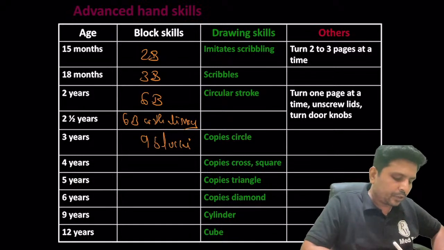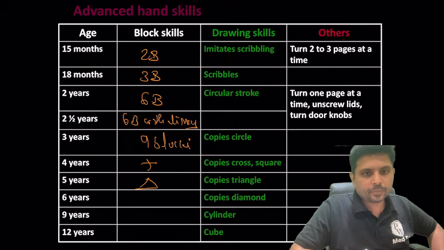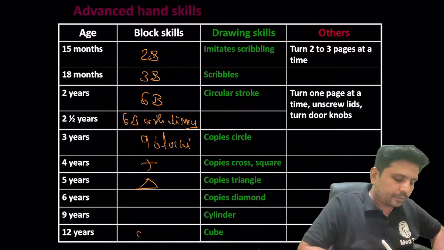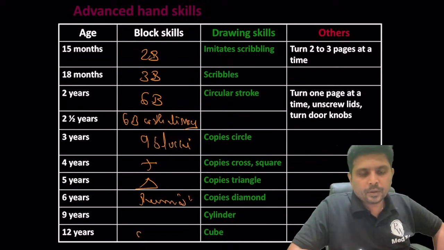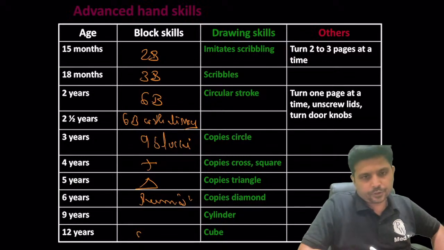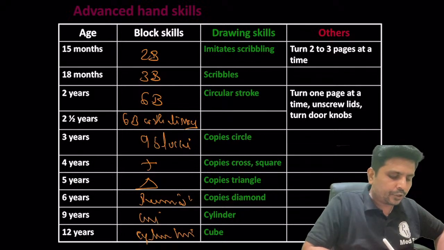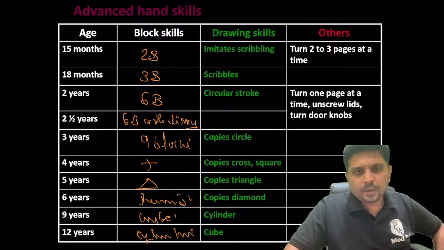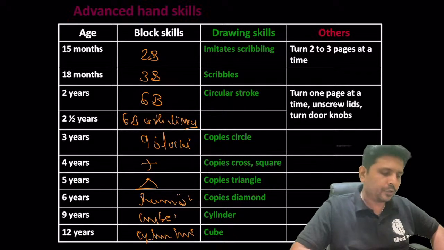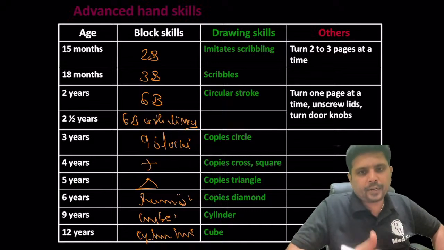Drawing: 4 years, cross. 5 years, triangle. 6 years, pyramid. 9 years, cube. 12 years, cylinder. These are all the milestones with respect to blocks and drawing skills.